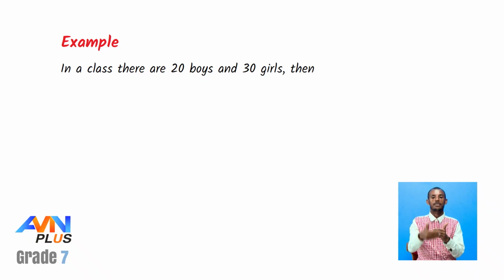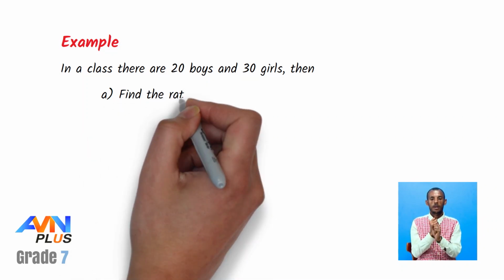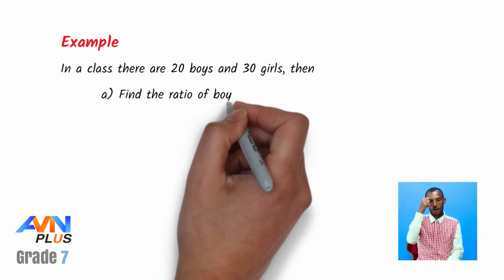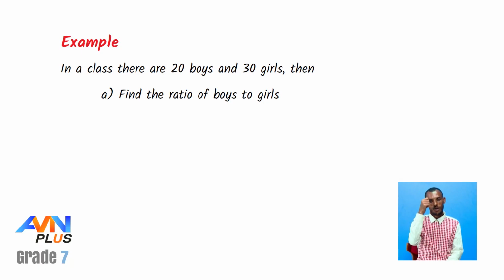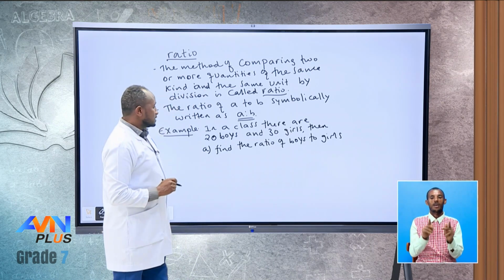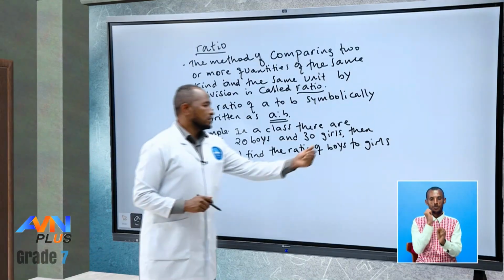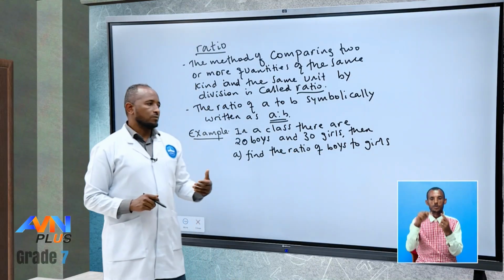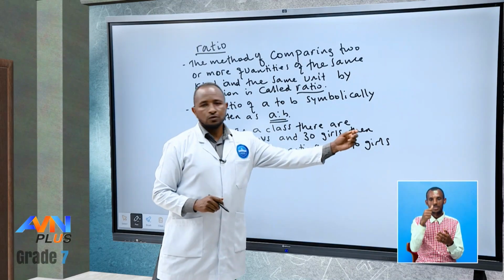Then find the ratio of boys to girls. Okay, let's try this question together. We are asked to find the ratio of boys to girls. Simply, you write boys ratio girls.